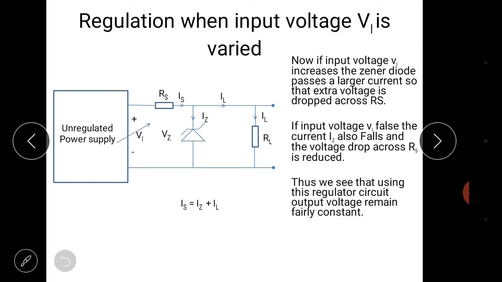Now the second case, regulation when input voltage Vi is varied. In this case, input voltage is fluctuating but load resistance RL is constant. In this case also we will see that the Zener diode helps in maintaining the constant voltage across RL. Let us investigate.